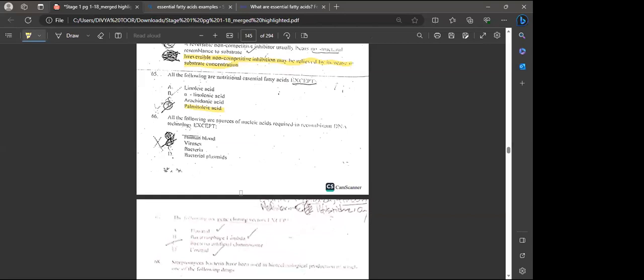All of the following are sources of nucleic acids required in recombinant DNA technology, except. Which number are you reading? Number 66. Can you guys see my screen?